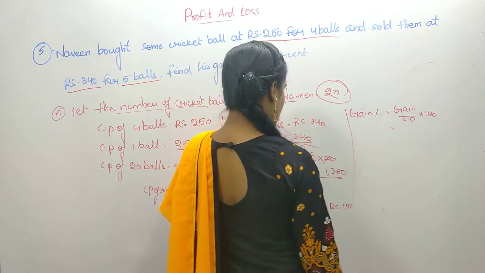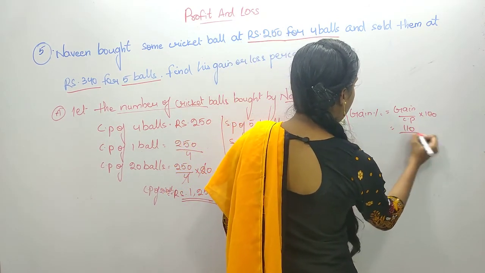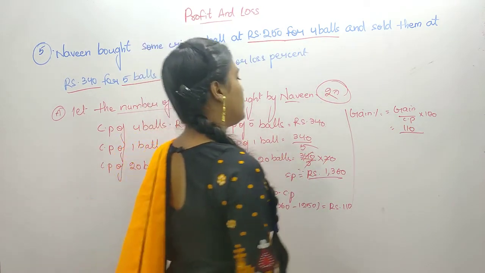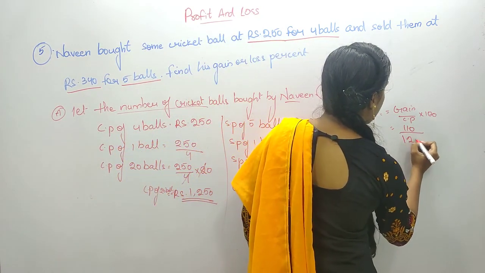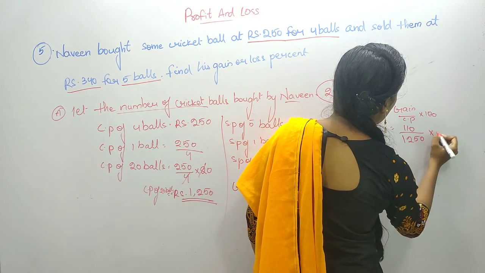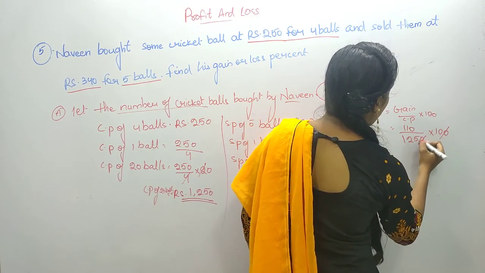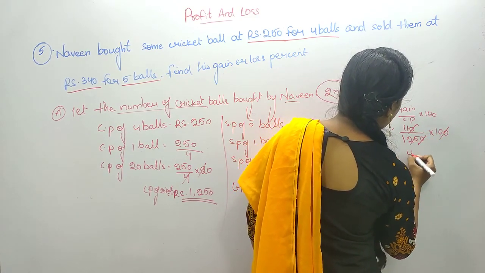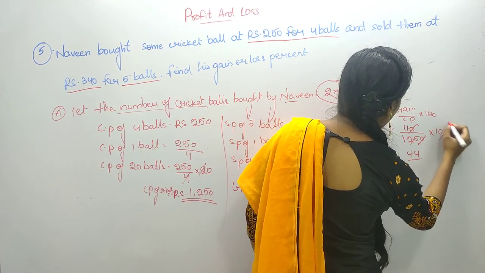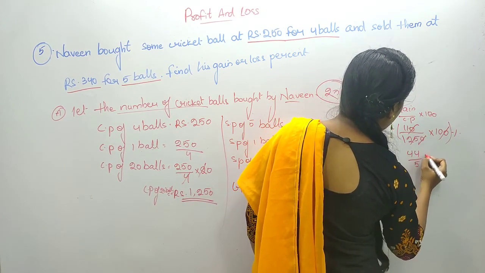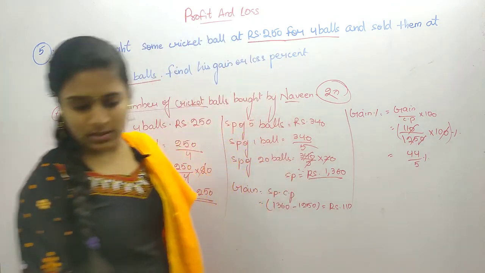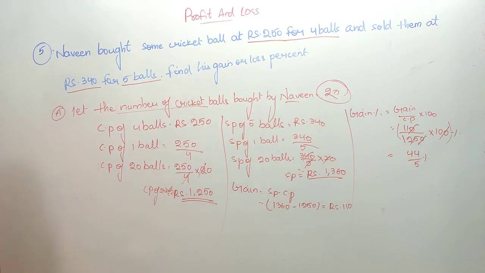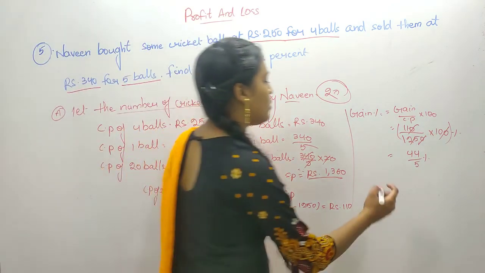Gain, how much did we get? 110 by CP, how much did we get? 1250 into 100. By doing the cancellation, what answer do we get? 44 by 5%.